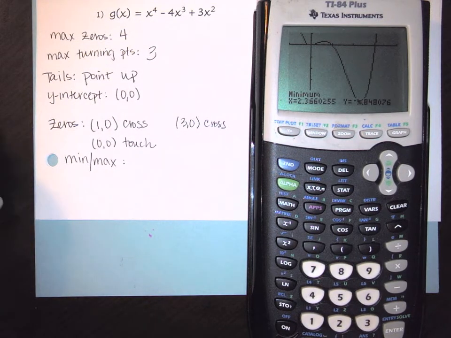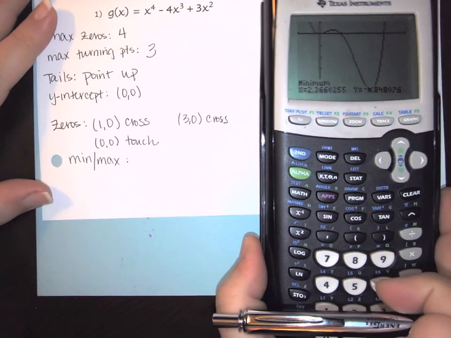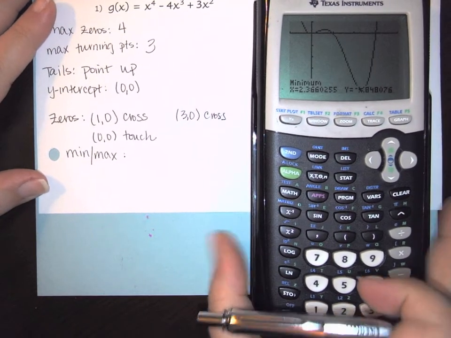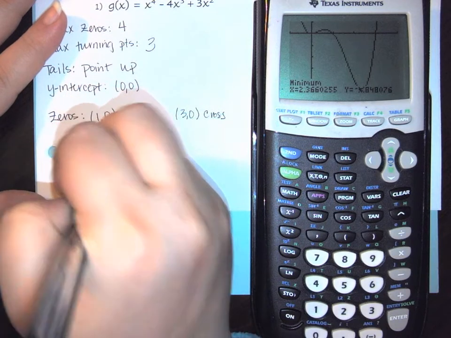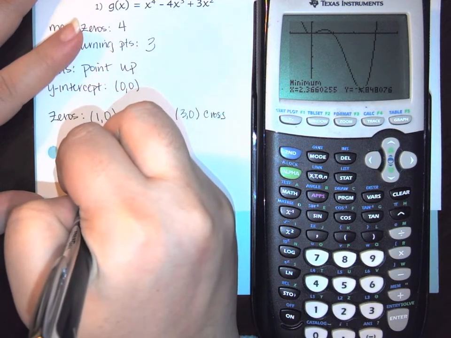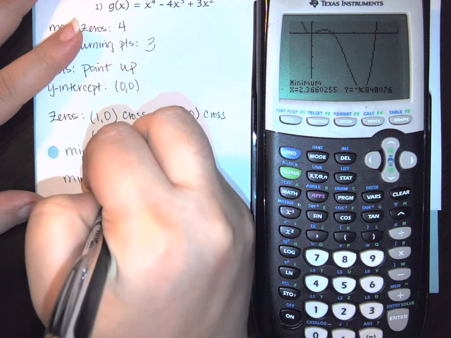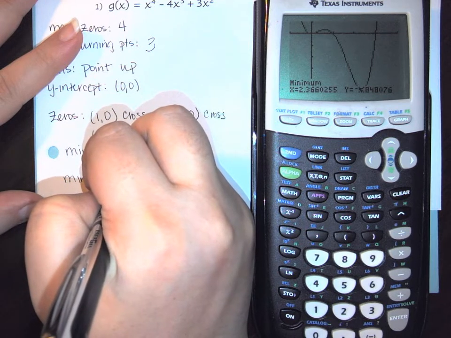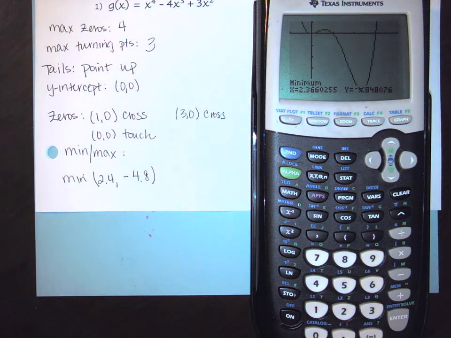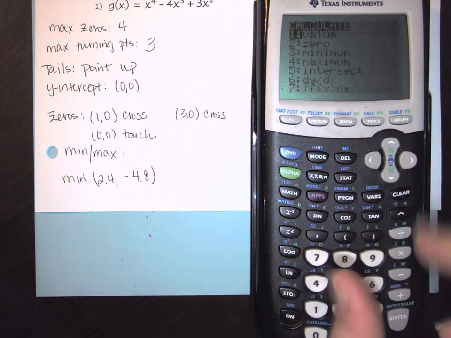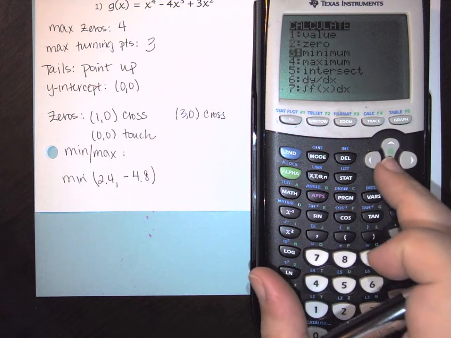We're going to round that to the nearest tenth just to make it easy for ourselves. So here we have a minimum at the point 2.4, negative 4.8. Now we need to repeat this process one more time, but this time as a maximum.